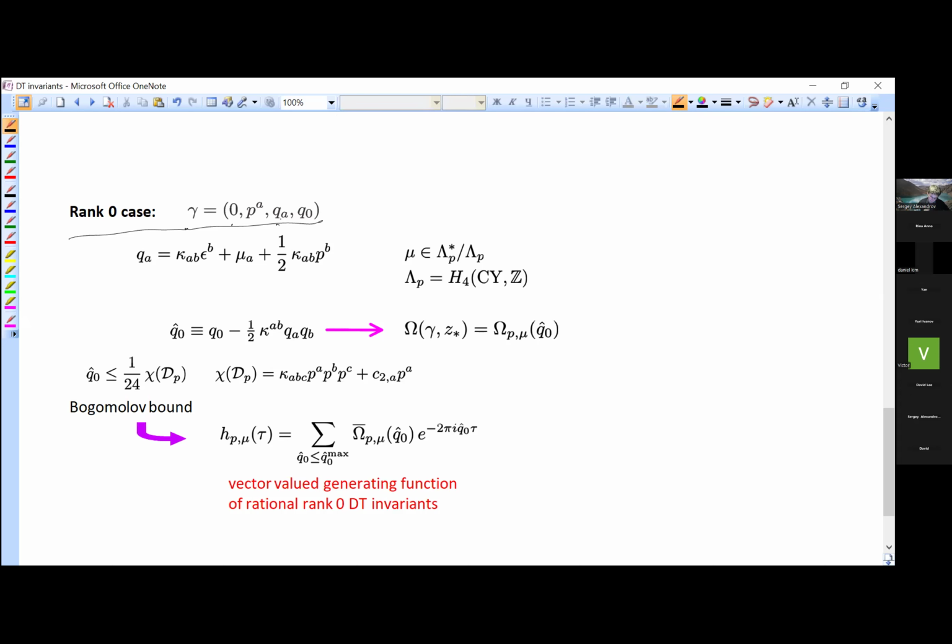Let me ask you a question, because you see a lot of indices, sometimes it's a bit misleading. So you have kind of four components. When you have, say, a coherent sheaf, you have indeed Chern classes, and rank 0 means that you consider coherent sheaves which have support on curves, surfaces, or points, on divisors of the Calabi-Yau.